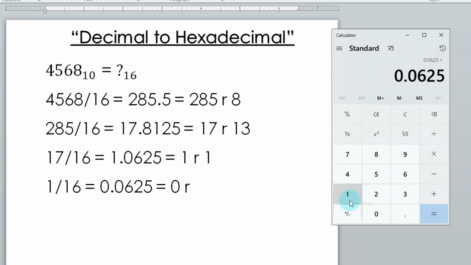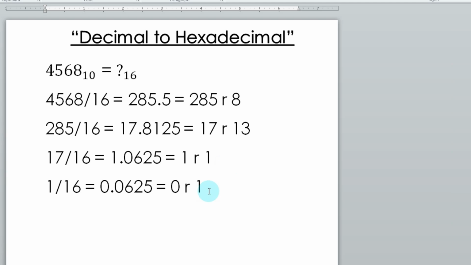Times 16 equals 1. Here is a simple hack: when the whole number you are dividing by 16 is less than 16, just like this 1, the remainder will automatically be equal to that number.